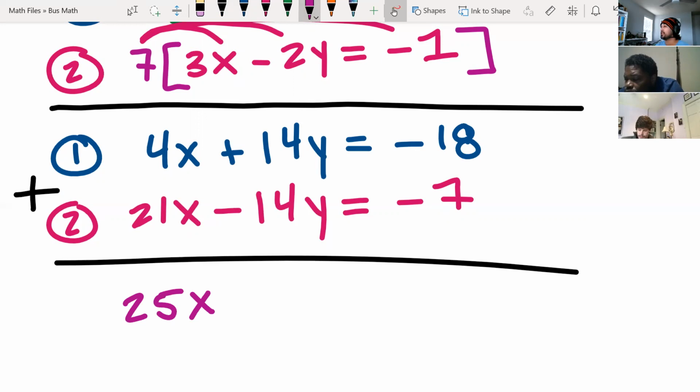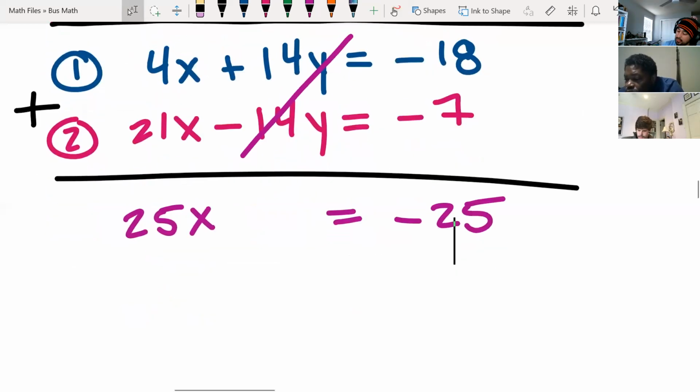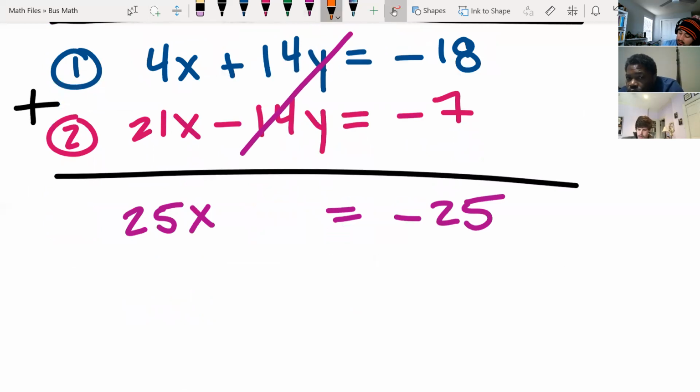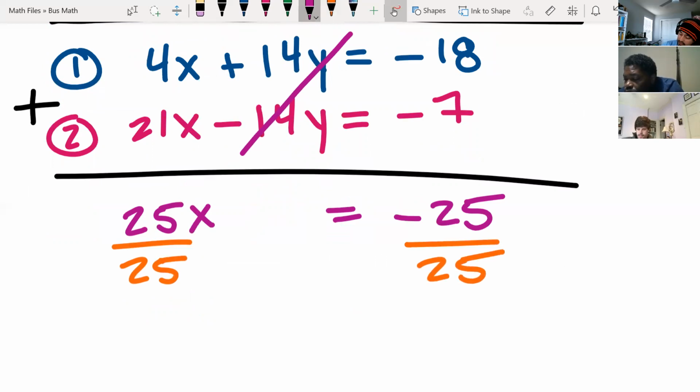When I add my 14s, my y's are going to cancel. And then when I add -18 minus 7, I get -25. Okay. And then all we have to do is divide by 25. And we're going to get x equals -1.